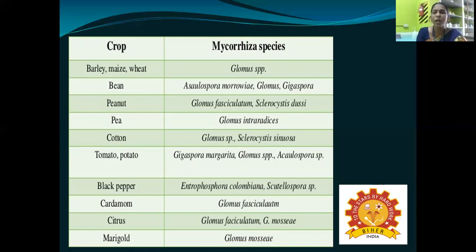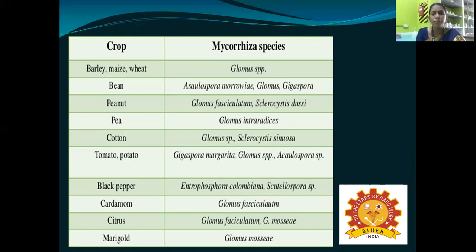And then tomato and potato varieties, Gigaspora, Glomus, and Acaulospora. These are the different species of fungus. And black pepper, Entrophospora, Glomus, and Scutellospora.